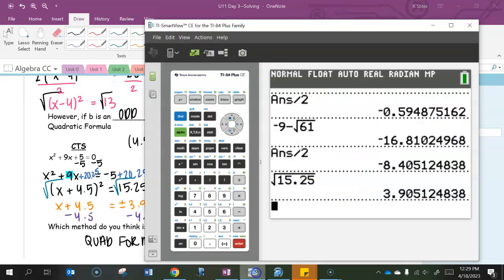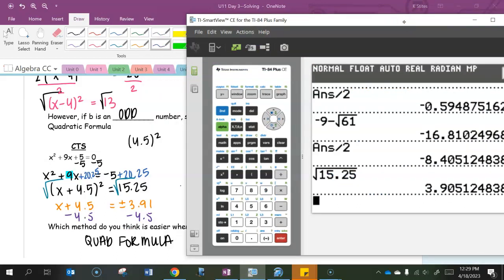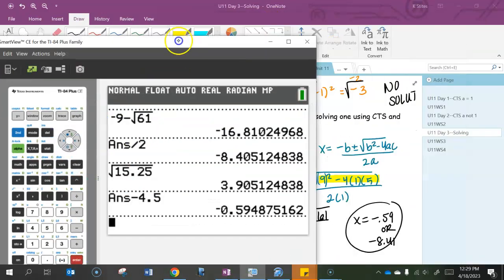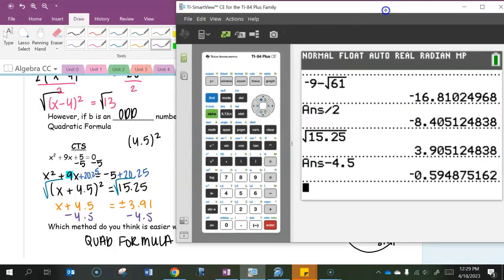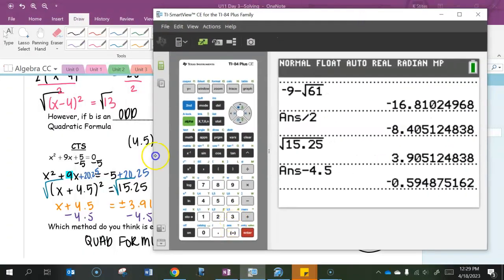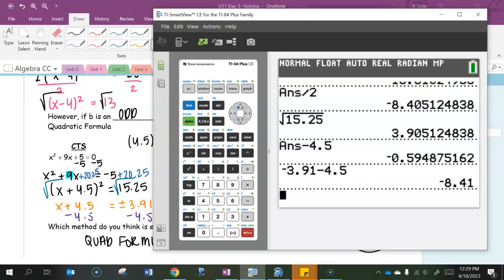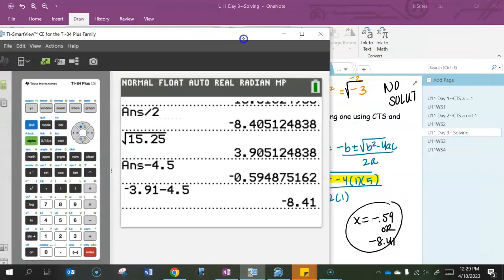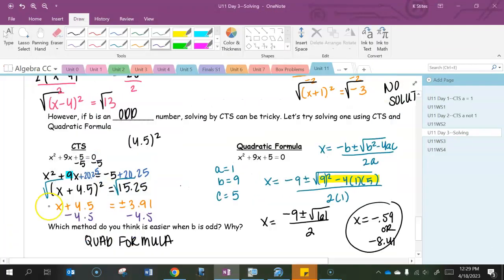So if you look and you take 3.91 minus 4.5, you do get that negative 0.59. And if you take that negative 3.91 minus 4.5, you do get that negative 8.41. But again, it's just really gross. Okay, so you get the same answers, but it just is a lot more effort than it needs to be.